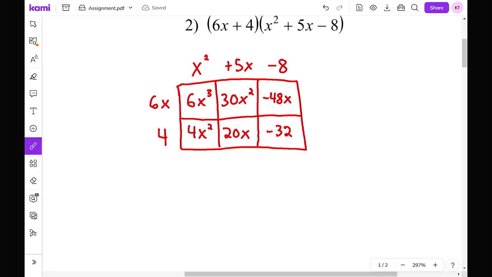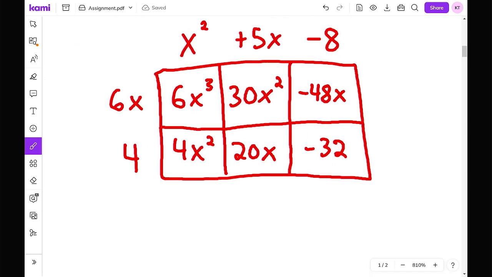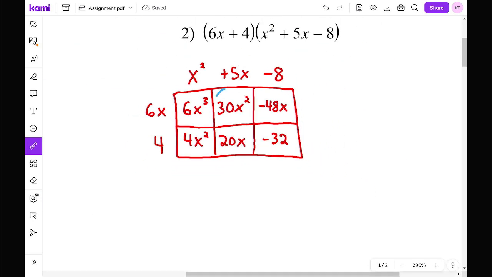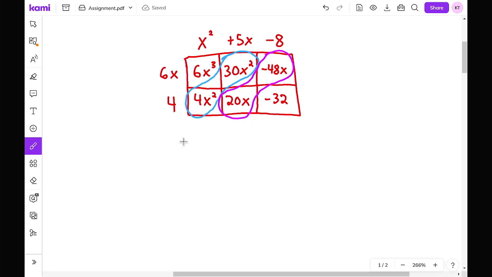So just like the previous example, we will go ahead and combine like terms. They're still going to be diagonal from each other here, but this time I will be combining my 4x squared and my 30x squared, those two diagonal, and then my negative 48x and my 20x, which are also diagonal from each other. So again, from highest power to lowest power, I'll start with my 6x cubed.